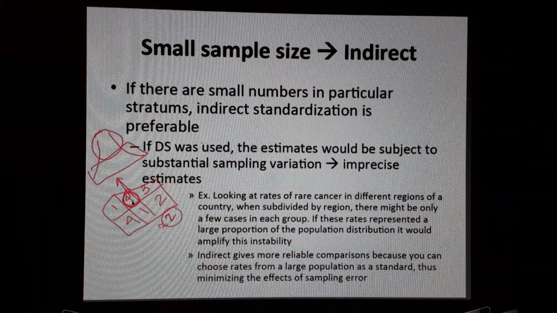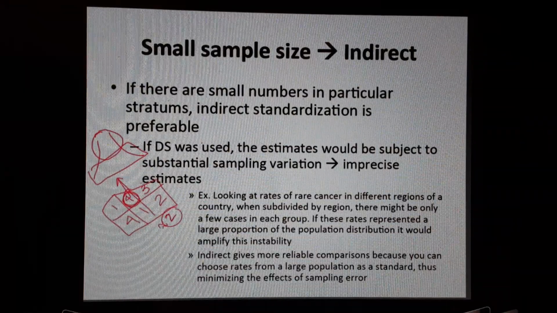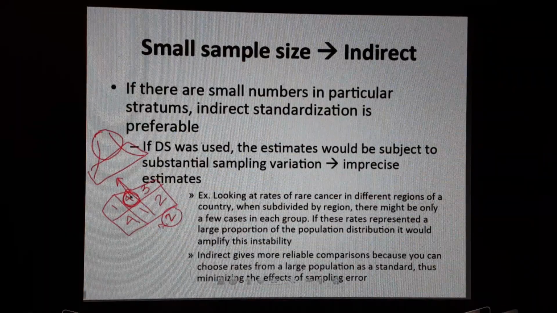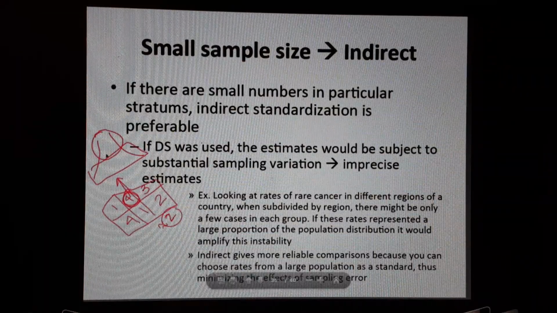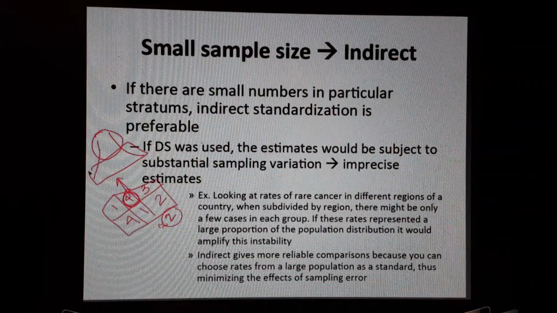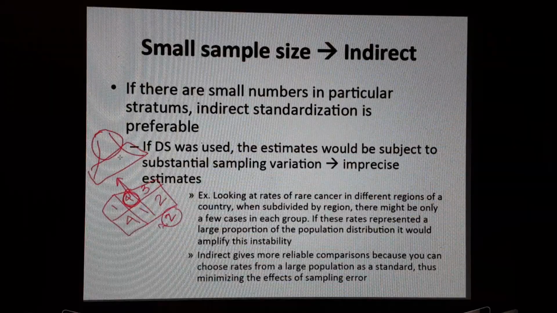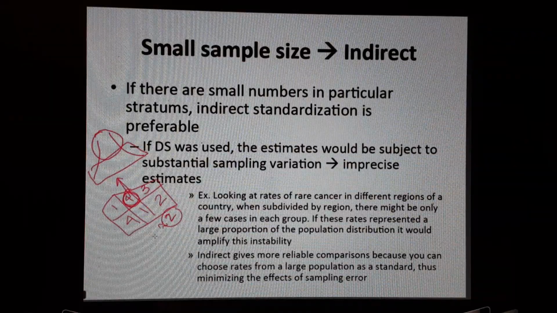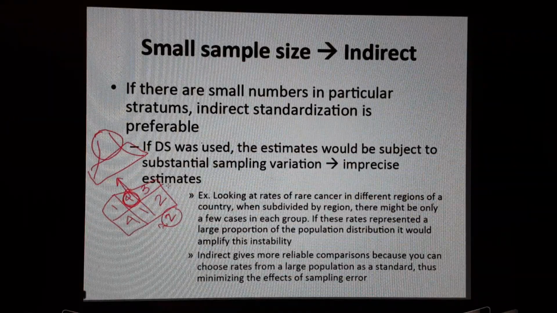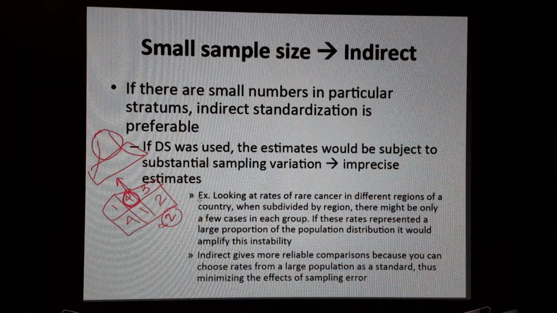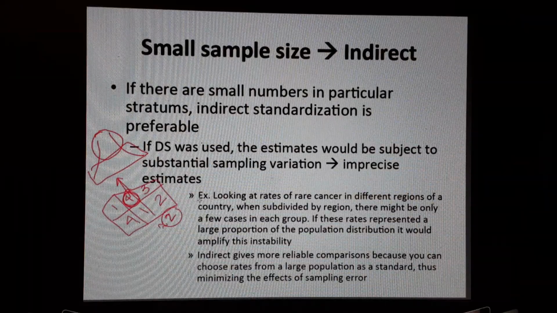So now you have an unstable estimate because it's so inaccurate compared to what it should be, and then because it's now been weighted based on a very, very large weighting, because it's on a big part of that population distribution, you've magnified that inconsistency even more so. So that's why direct standardization is not great if you have a very small sample size.